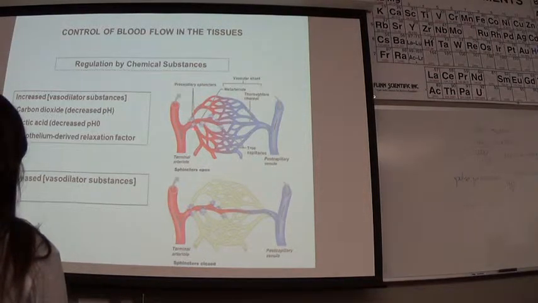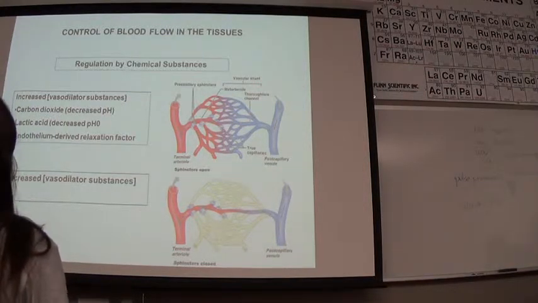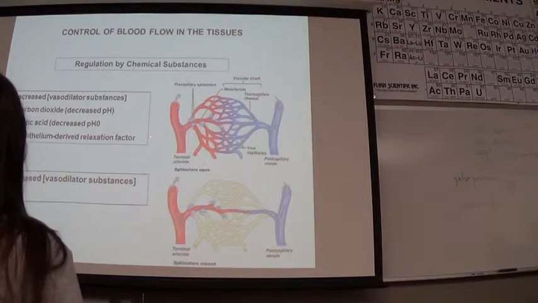Remember we talked about these little sphincters that can redirect blood flow? So this is at a local area that we're talking about.